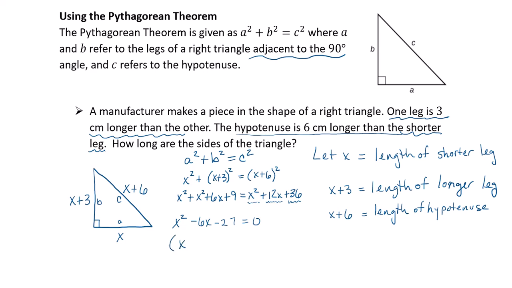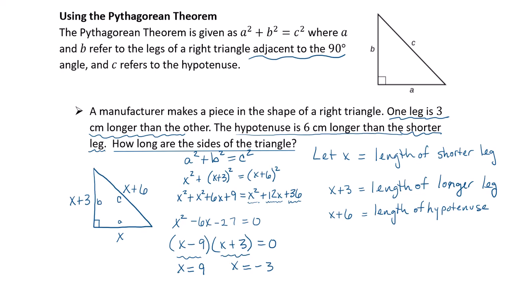I'm going to solve this one by factoring. (x minus 9) times (x plus 3) is what I'm looking for. And I'll have x equals 9 coming from this factor equaling 0, and x equals negative 3 coming from this factor equaling 0. Now, let's go back to where we defined our variables because we still need to answer the question, how long are the sides of the triangle?